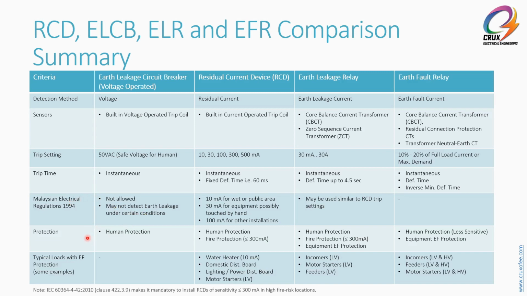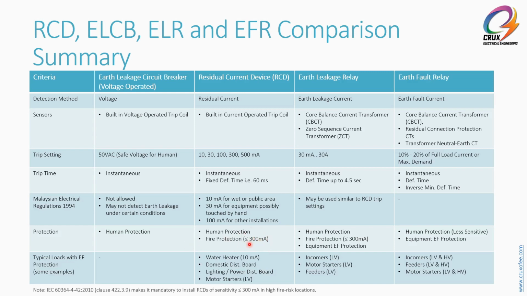In terms of protection, the ELCB and the RCD are mainly for human protection, and to some extent can also be used as fire protection. This is based on NFPA, which states that anything 300 milliamps and below can be used as fire protection.